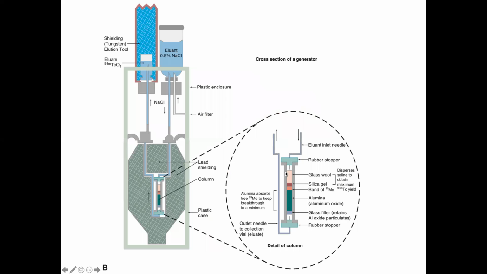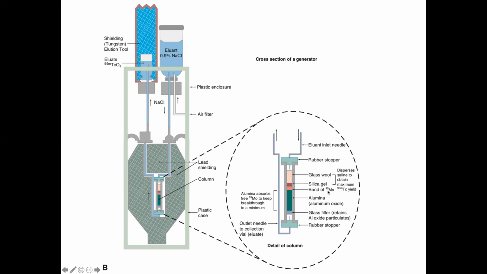You basically have the molybdenum in this little pellet here, a material that's made in a nuclear reactor, and you extract it from that and put it in this pellet. The molybdenum is going to decay into technetium, which is the material that you're going to inject into the patient.